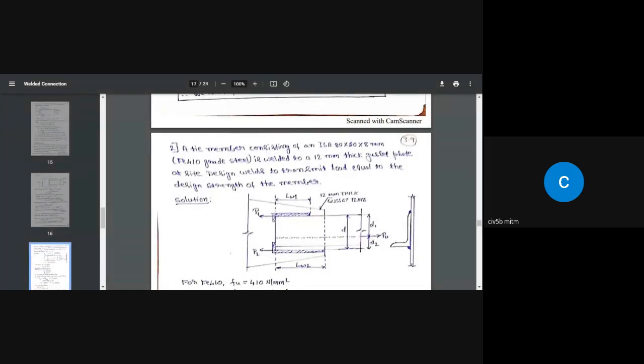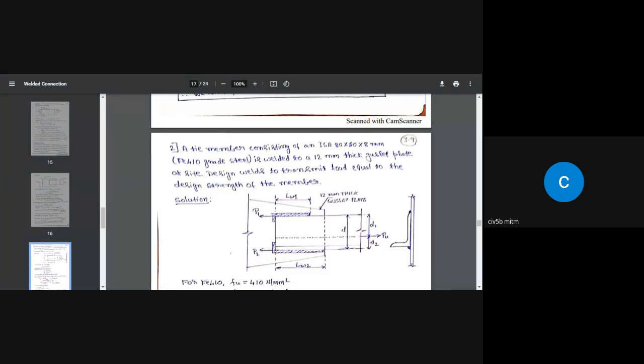CXX value is 27.3 millimeter. So you have to go to ISA 80 by 50 by 8 millimeter thick and go horizontally along that line. You get, again I repeat, CXX equal to 27.3 and EXX equal to 52.7.